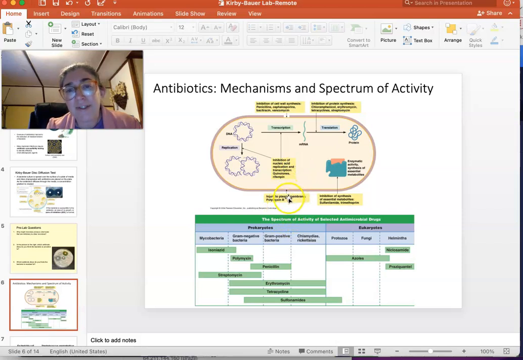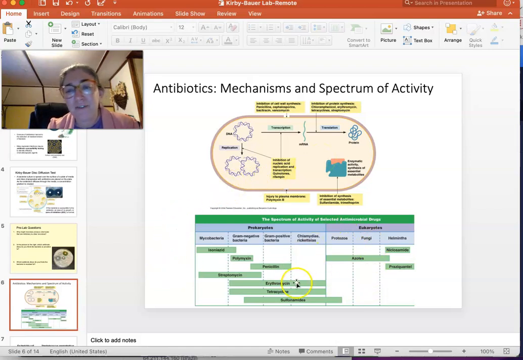They can also do damage to plasma membranes, and they can damage biochemical pathways that are unique to prokaryotes and are not found in eukaryotes. So pathways to synthesize vitamins, for example, that we get through our diet, but that microbes get through metabolism.